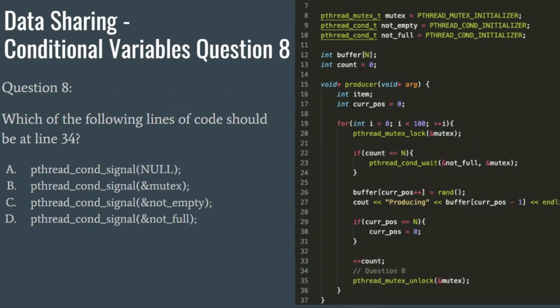Question 8. Which of the following lines of code should be at line 34? I'm trying to think. Are we trying to signal producer to wake up, or we're going to signal the next function, which I assume is consumer, to wake up.